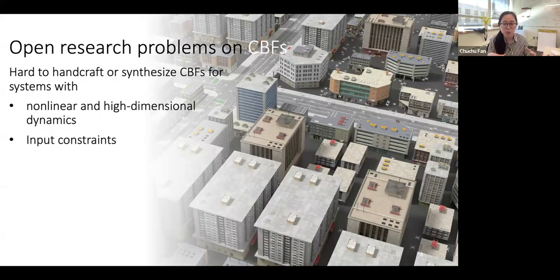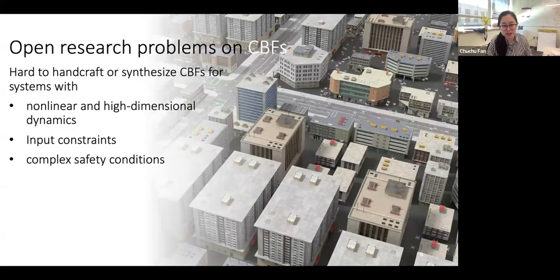Usually we only have limited thrust for the systems. So the CBF that we write down may say that you can stay safe if your system can run at a very high velocity, but in reality, our system may not be able to run at that high velocity. So whenever there is an input constraint, it's super hard to construct a control barrier function that considers it.